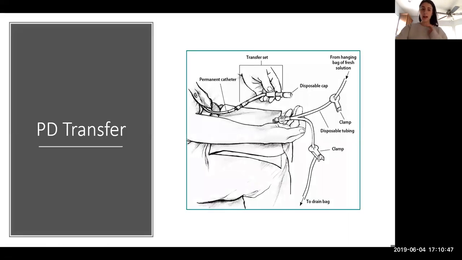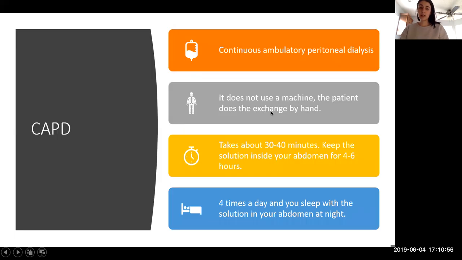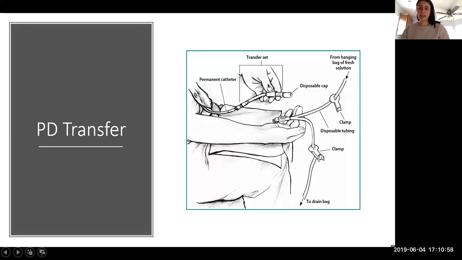I also like this because you see the transfer set, so you can disconnect it from here. And you can see where the permanent catheter is, right here, and you can disconnect it to these ends. One of these tubes is where you drain the fluid from, and this one is where you have the hanging bag that allows the fluid to go in.